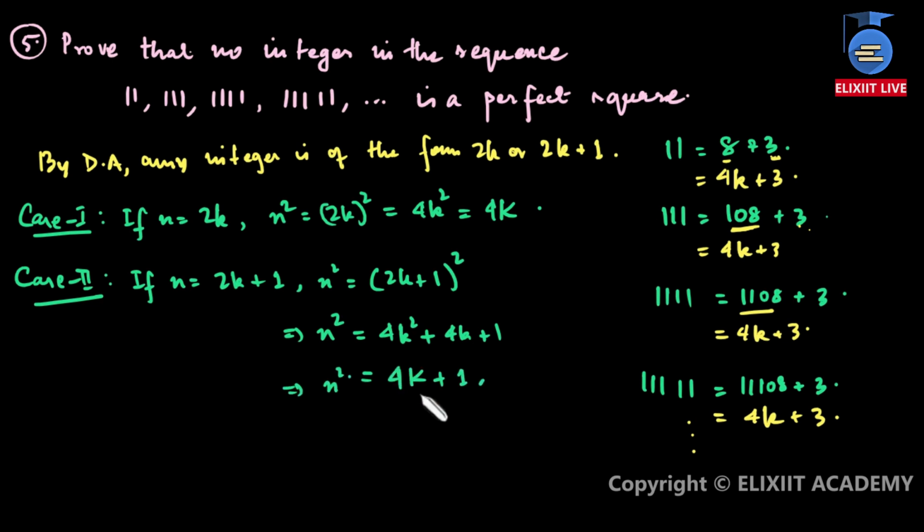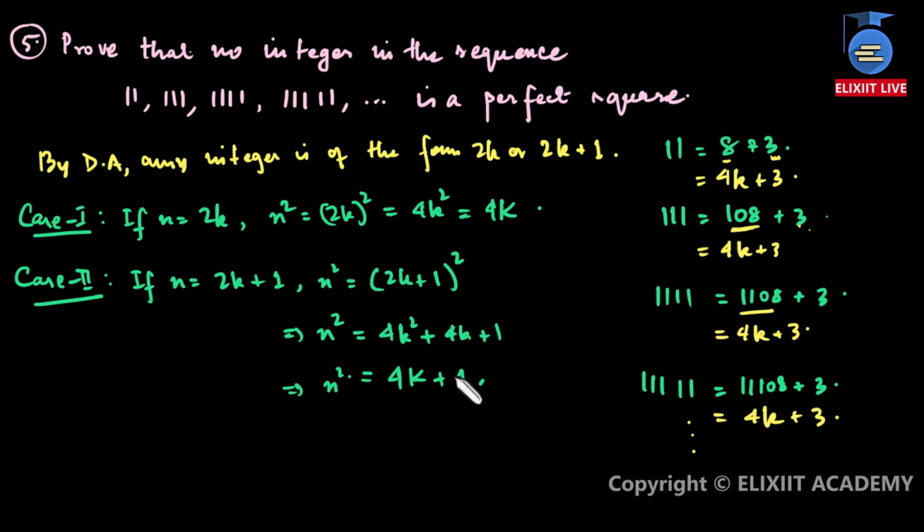So n square is of the form 4k plus 1, where k is an integer. So basically, the square of any integer is either of the form 4k or 4k plus 1.